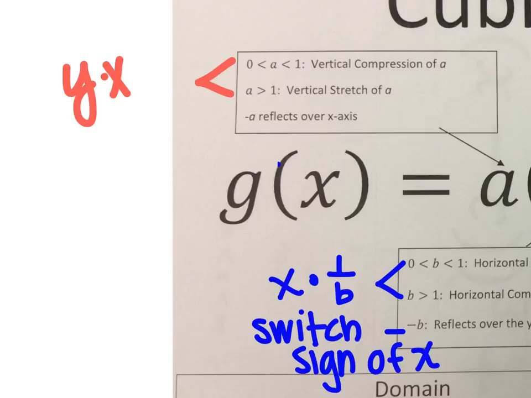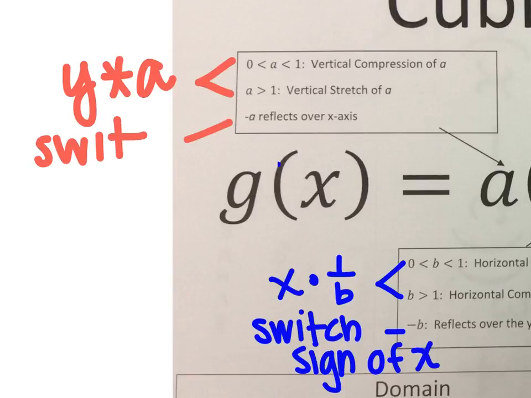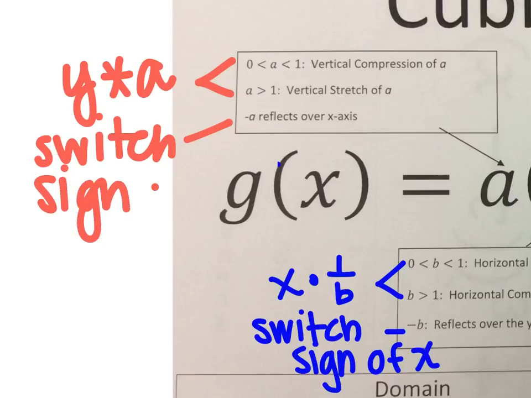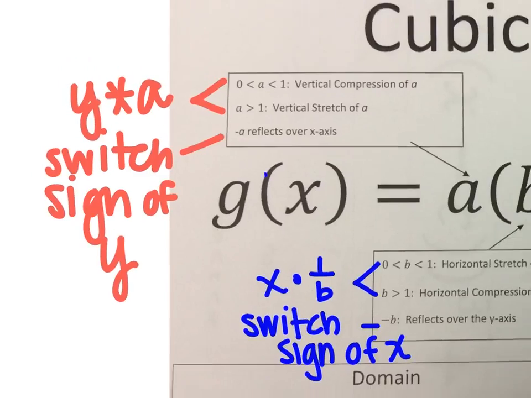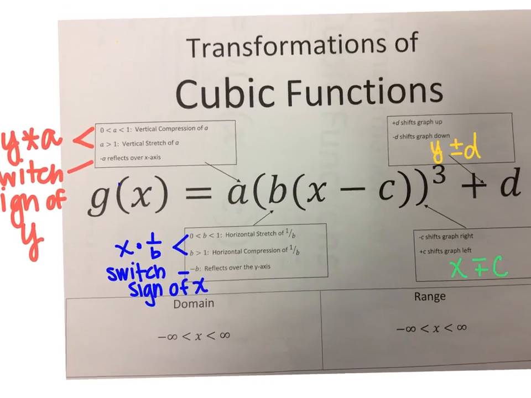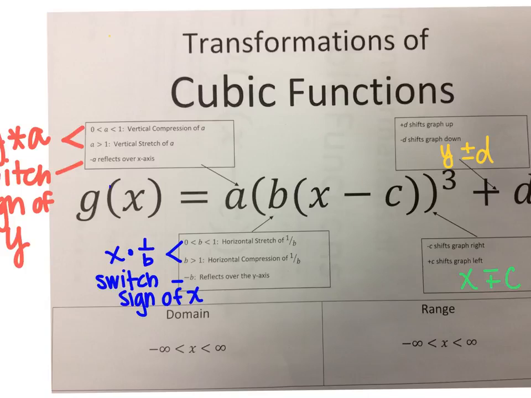My Y's times A. So my Y is being multiplied by A. And then if A is negative, it reflects over the x-axis, which we said a second ago meant that we're going to switch the sign of Y. So that may come in handy just to have that information written on your paper as you go through and apply these transformations.